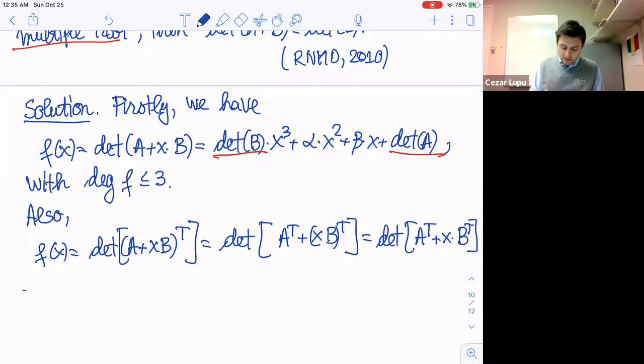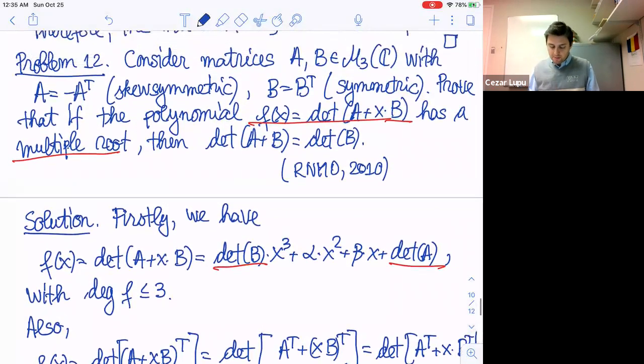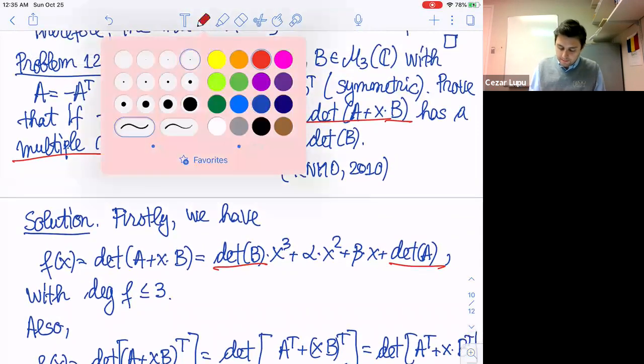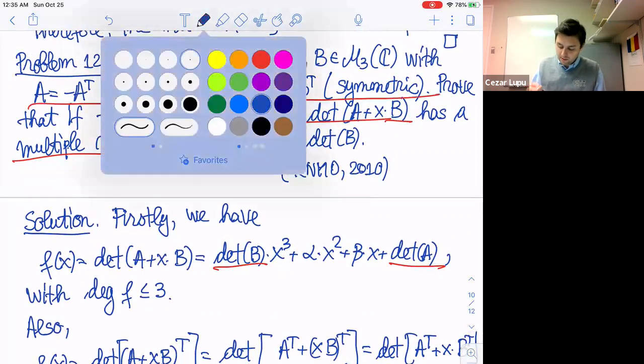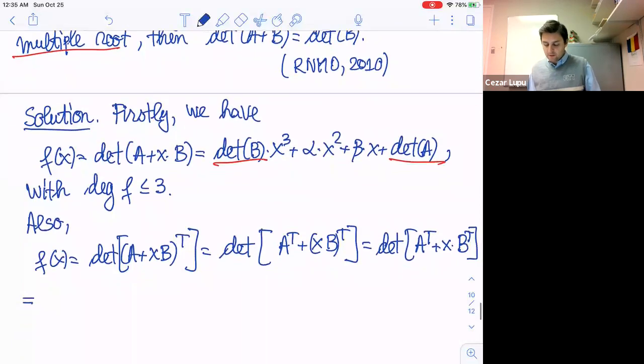And now let's use the information we have. We know that the first matrix is skew symmetric, and this B is symmetric. So skew symmetric, this is the determinant of negative A plus xB, right?